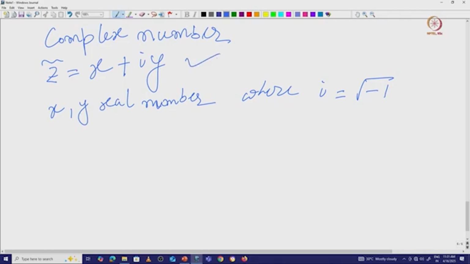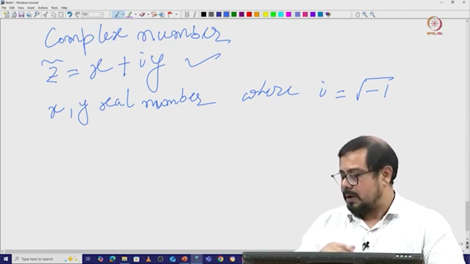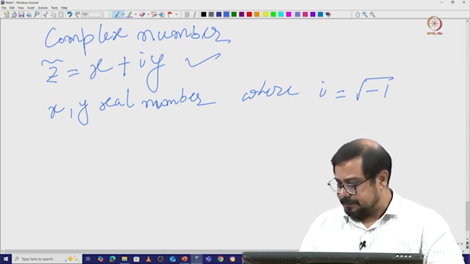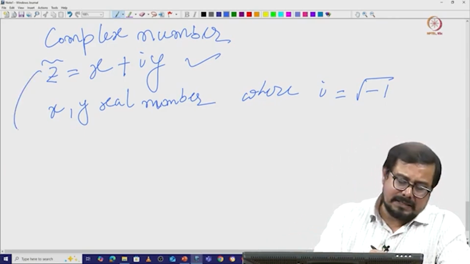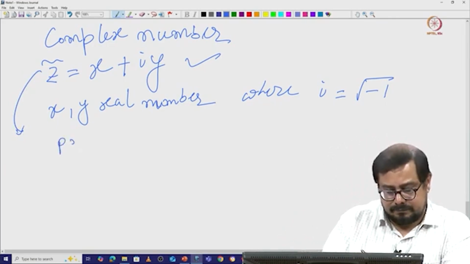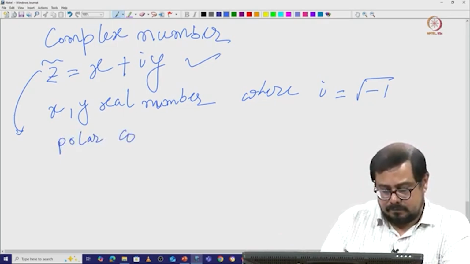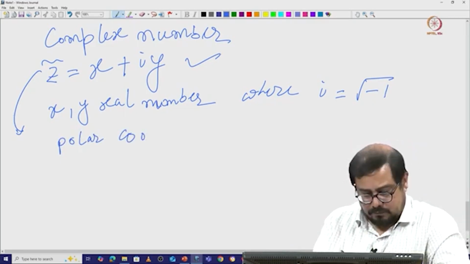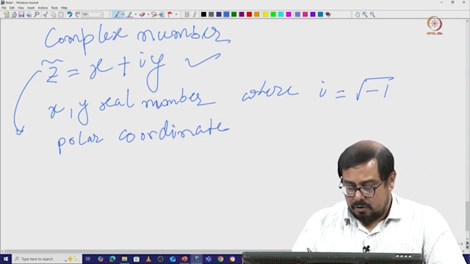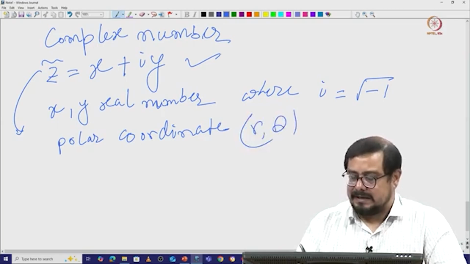This is easier for explaining the phase, how we can represent the phase of any wave when it propagates through any media. Here we want to represent this complex number in polar coordinates. Polar coordinates means r and theta.